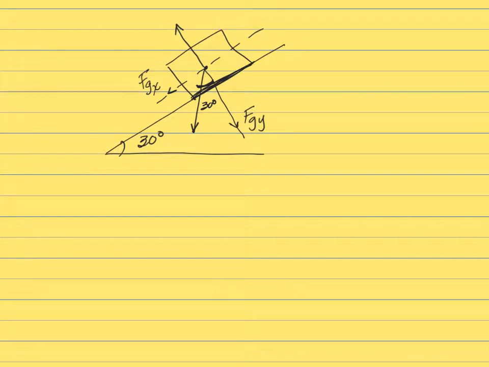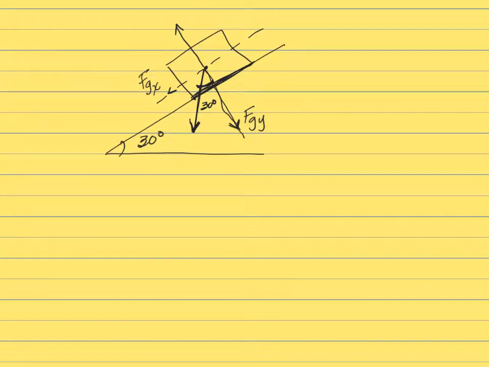When you have an incline and an object in that position, the angle is between the gravity force and the y-axis. So now you have a component of gravity in the x-axis and a component of gravity on the y-axis.